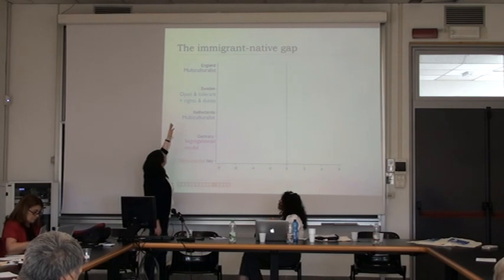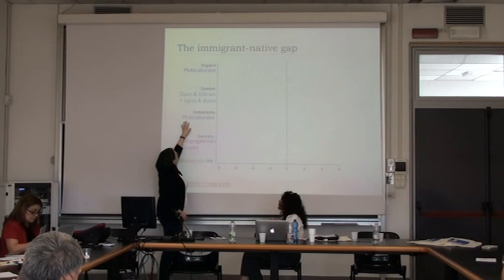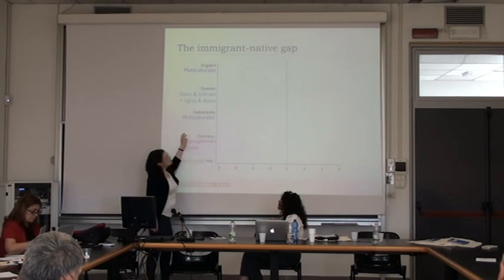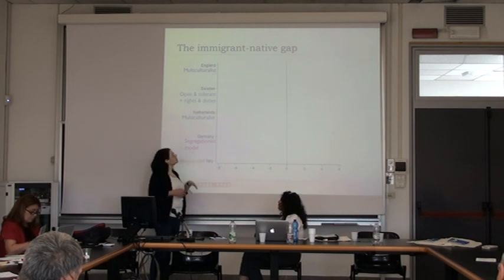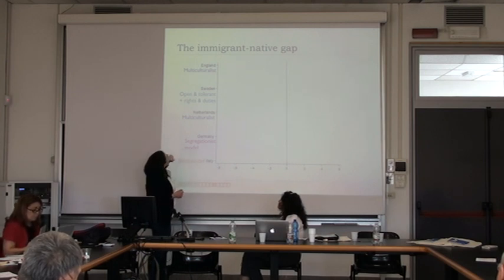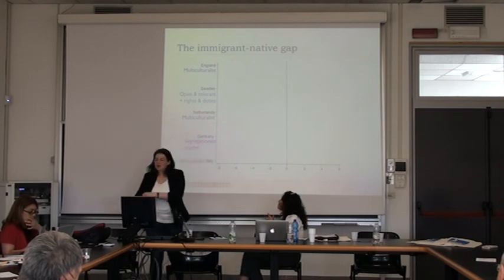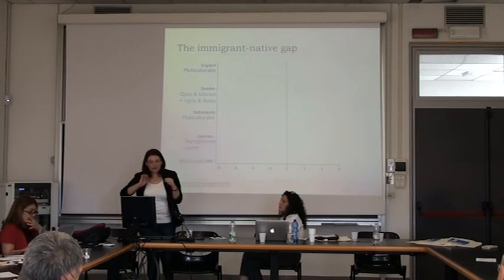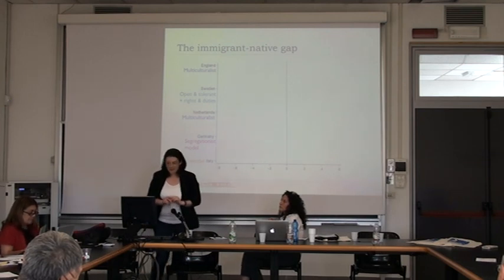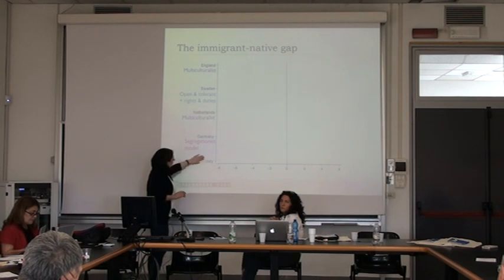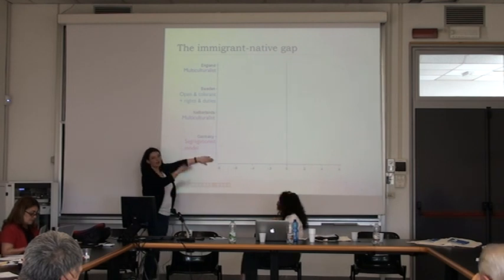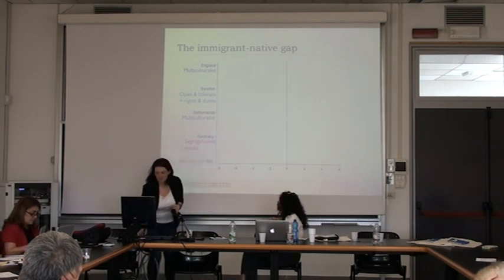We have Sweden as open and tolerant. The Netherlands is a little bit in between a multiculturalist model of incorporation and a segregationist model with respect to welfare regimes. England is a little bit closer to the Sweden part. There should have been much more to say about the differences in models of incorporation, but I would like to stress the difference between a no-model of incorporation and all the rest, at least for this presentation.